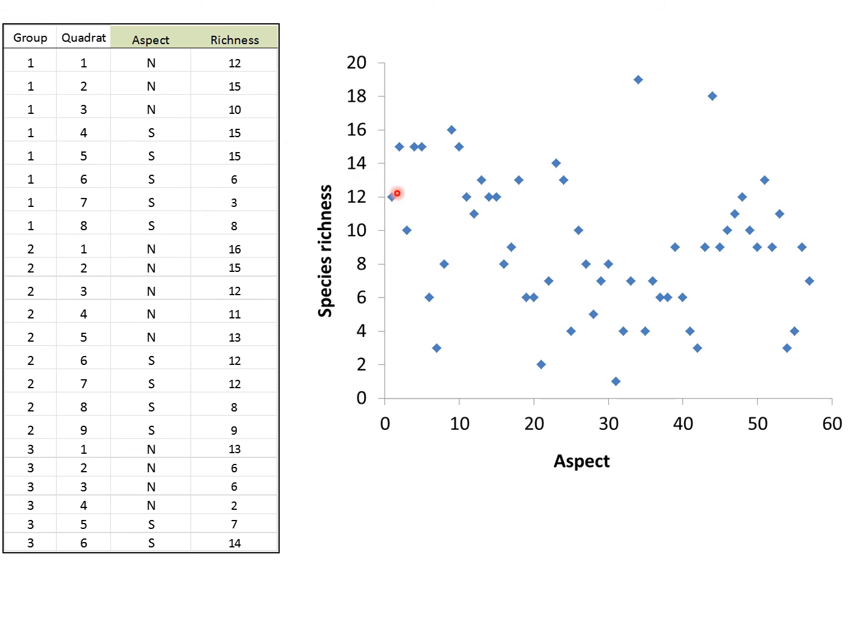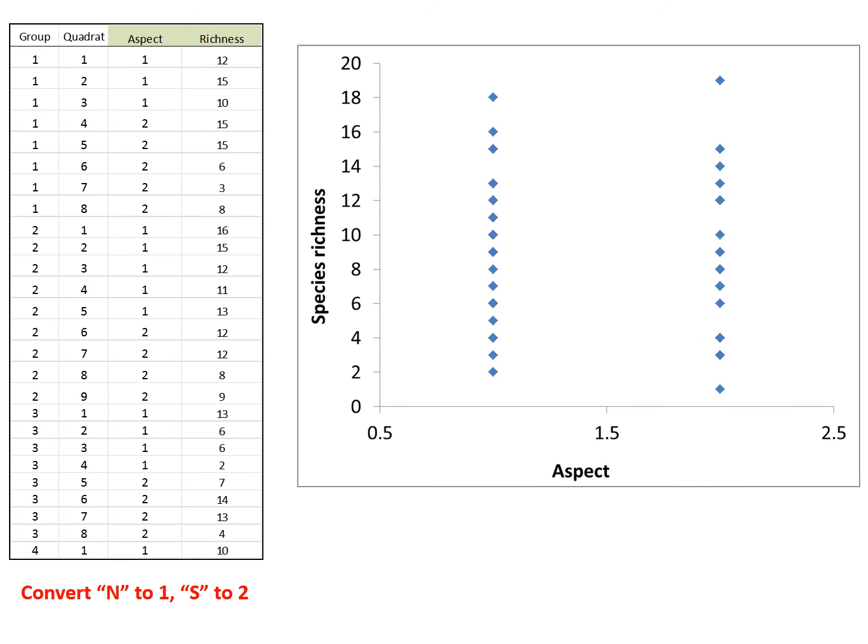You see 12, 10, 12, 15, 10, 15, 15. Right? It's just plotting the numbers in sequence. We can fix this by converting the n's to 1s and the s's to 2s. So now 1 represents north and 2 represents south. And we can then also clean that up, give it proper labels, so that looks a bit better, north and south. And there we visualize the data.